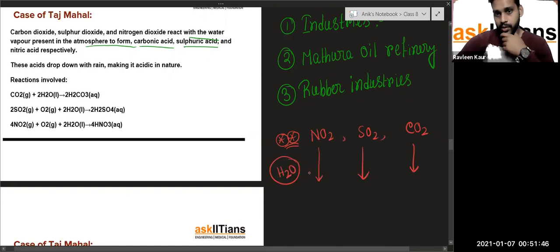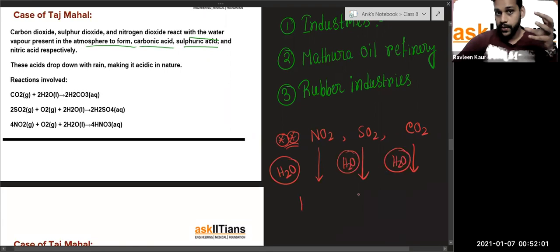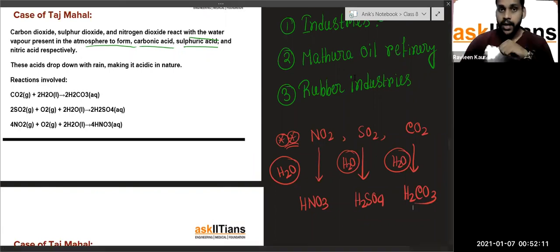We know that in our air there is so much water vapor present, right? So they react with that water vapor, and as a result they make acids like HNO3, like H2SO4, like H2CO3. So these are the different types of acids that form.